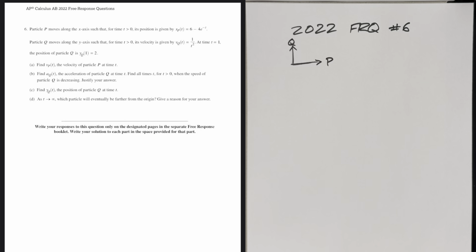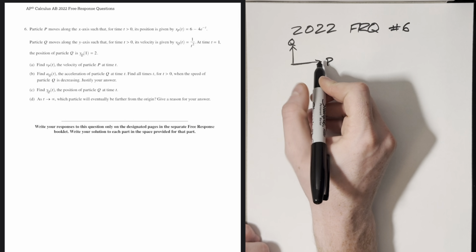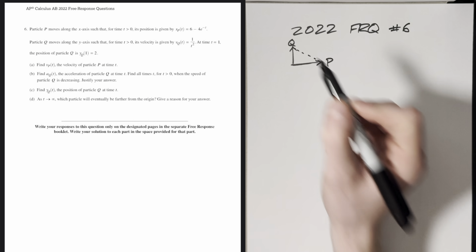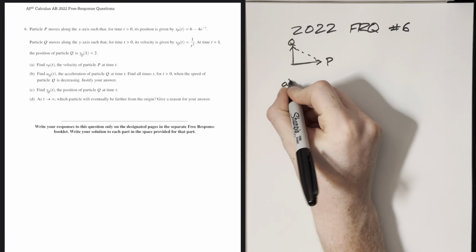A lot of times when we see particles moving on opposite axes, we know that we're kind of looking to a related rates question later on, where it'll ask, if this particle's moving this fast, and this particle's moving this fast, what is the rate of change of our distance between the particles? I don't think this question actually asks us that, but it's an interesting concept that I think you guys could explore for yourselves. But let's actually dive into what they ask us about, starting with part A.